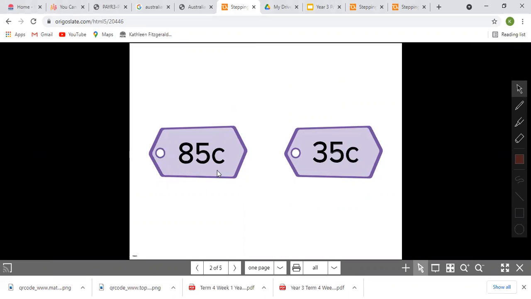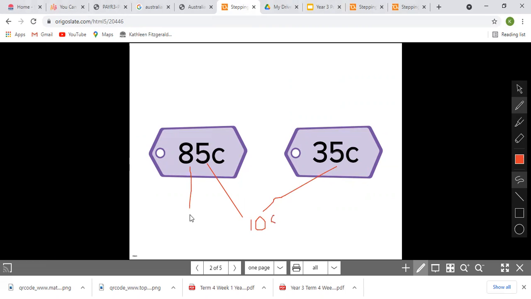You can see here our price tags are for 85 cents plus 35 cents. What we could do there is take the 2 5 cents, there and there, and that would be 10 cents.